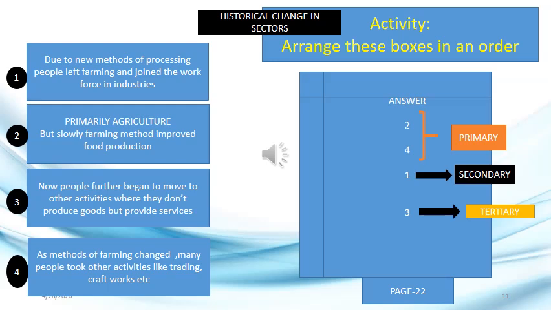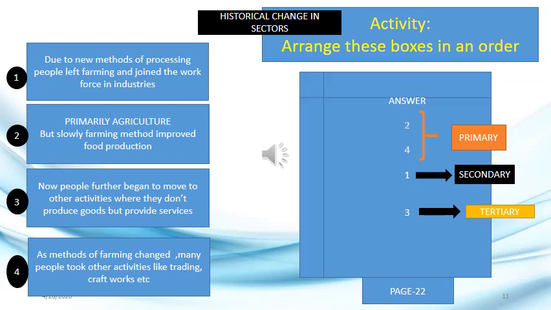First position will go to box number 2, primarily agriculture. That is a country primarily agricultural. But that country will progress in the field of farming methodology. So that occupies the first position. Then comes box number 4.